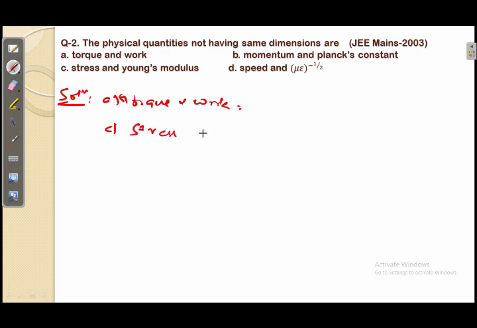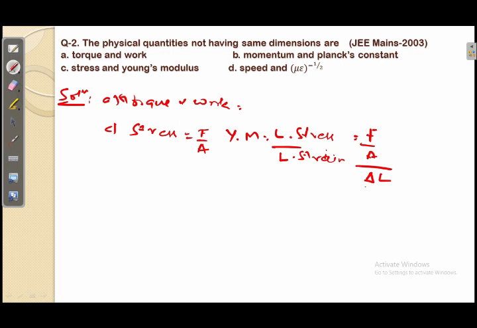These two physical quantities also have the same dimension, because stress is F by A and Young's modulus is the longitudinal stress to the longitudinal strain. Stress, this is strain, that is F by A divided by delta L by L.